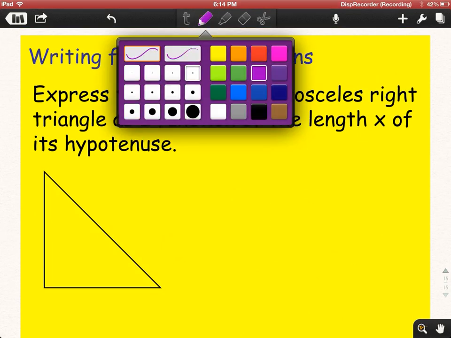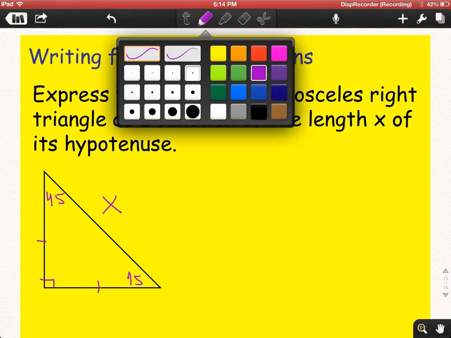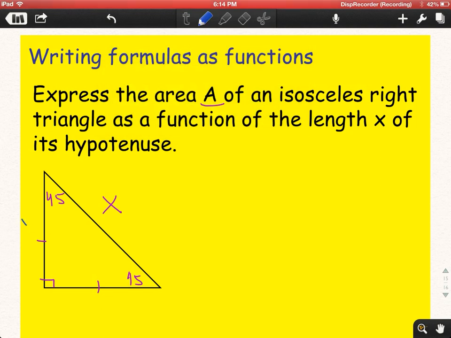And finally, let's write a function based on a formula that we're familiar with. So we want the area of an isosceles right triangle. The length of the hypotenuse is x. So these are 45s. So if the length of the hypotenuse is x, that means each side must be x divided by the square root of 2.